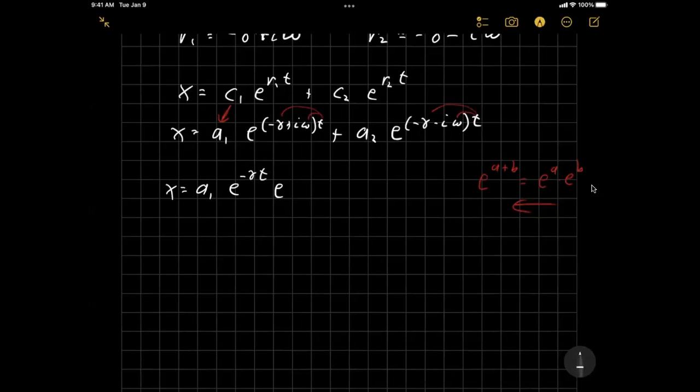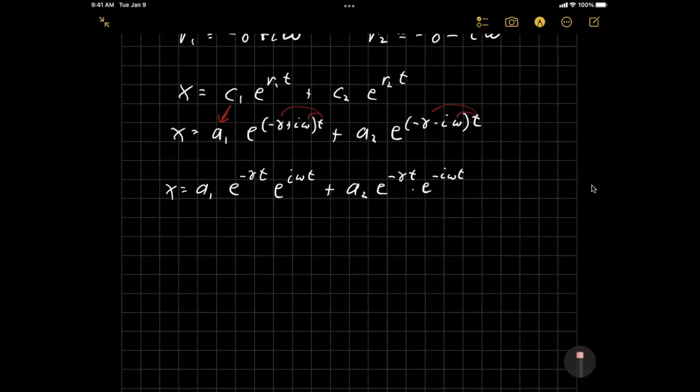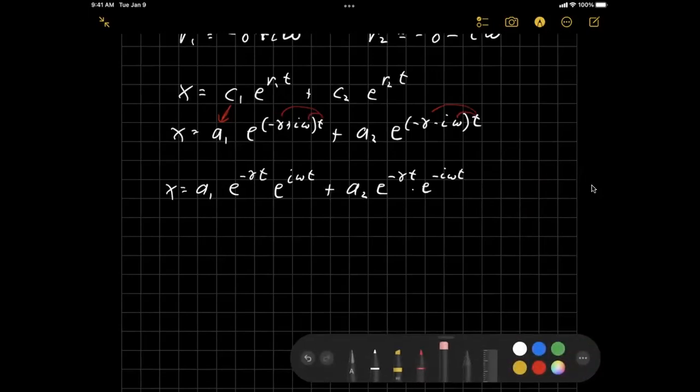Times e to the i omega t. And we don't have any idea what that's doing yet. Plus a2 e to the negative gamma t times e to the negative i omega t. Right? Let me get this out of the way for now. Okay, so that's what our solution is looking like so far.